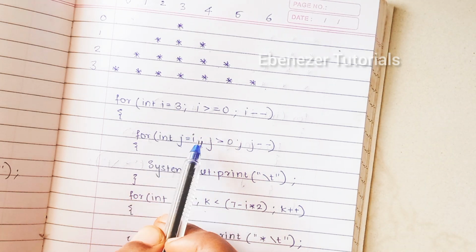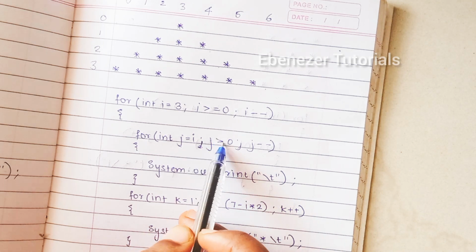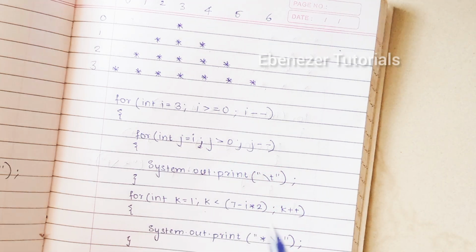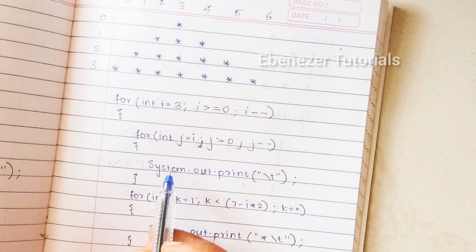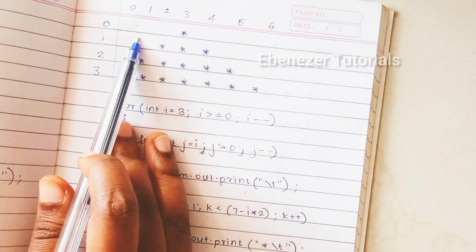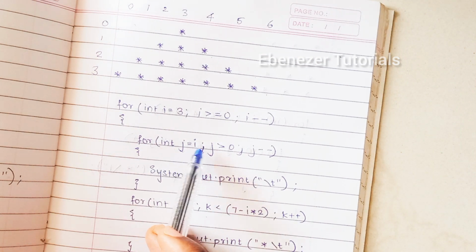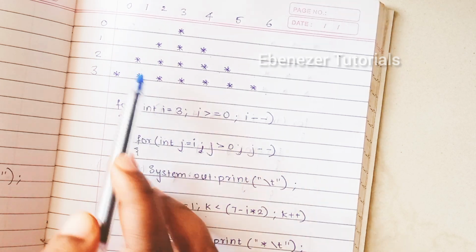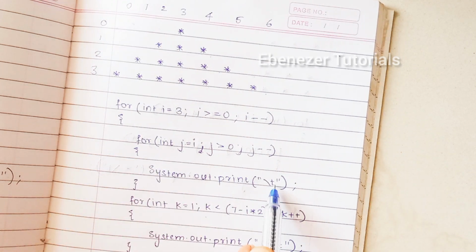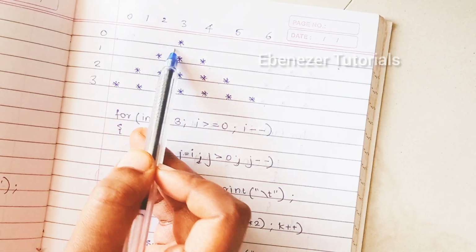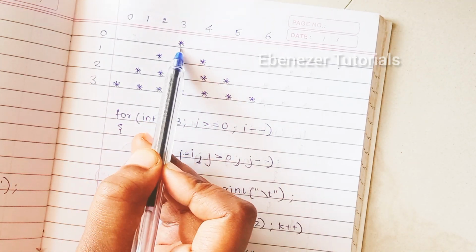In the first iteration, i was 3, and we iterate down to 0 with j minus minus, printing a tab space. So in the first iteration, j goes 3, 2 and 1, so 3 spaces will get printed. Now we are done with the printing of the 3 spaces, and we are left with 1 asterisk.